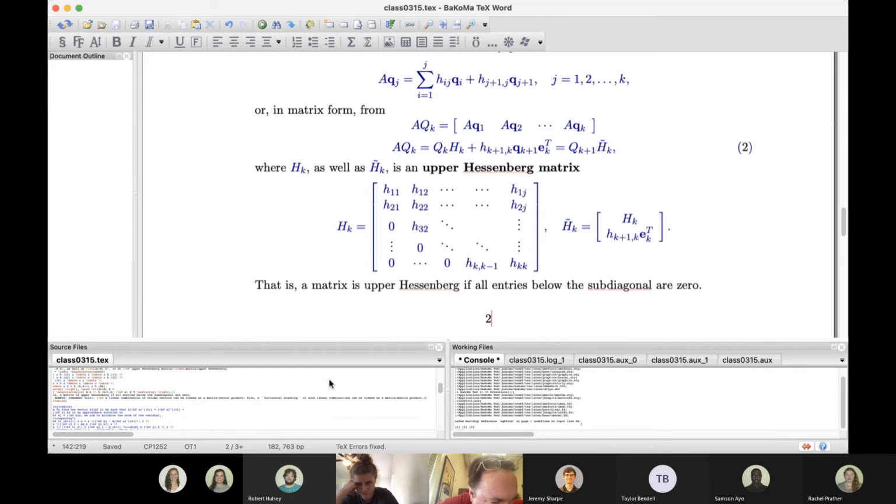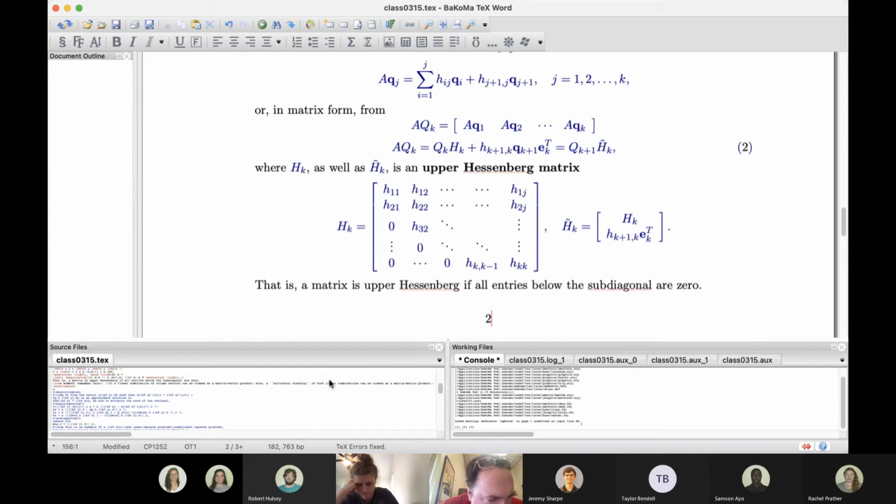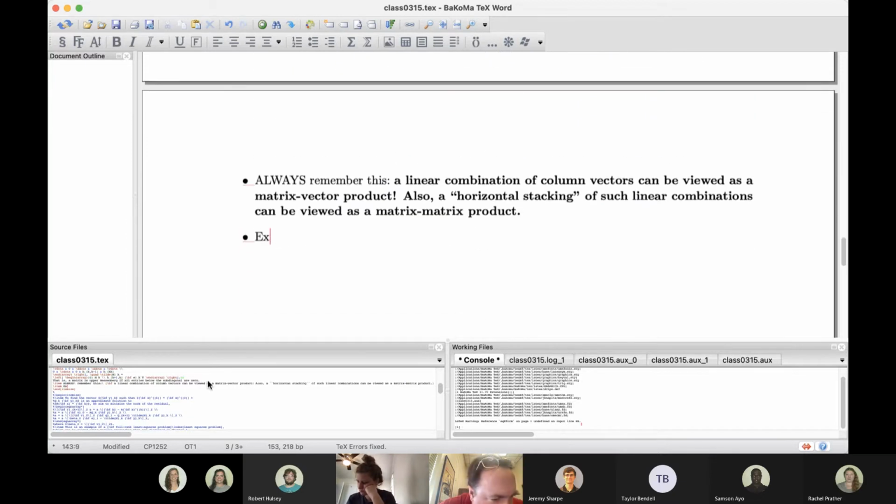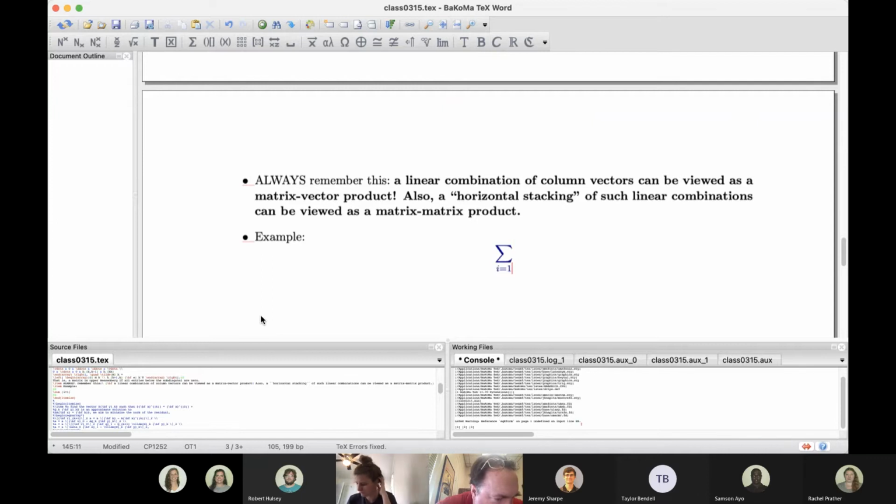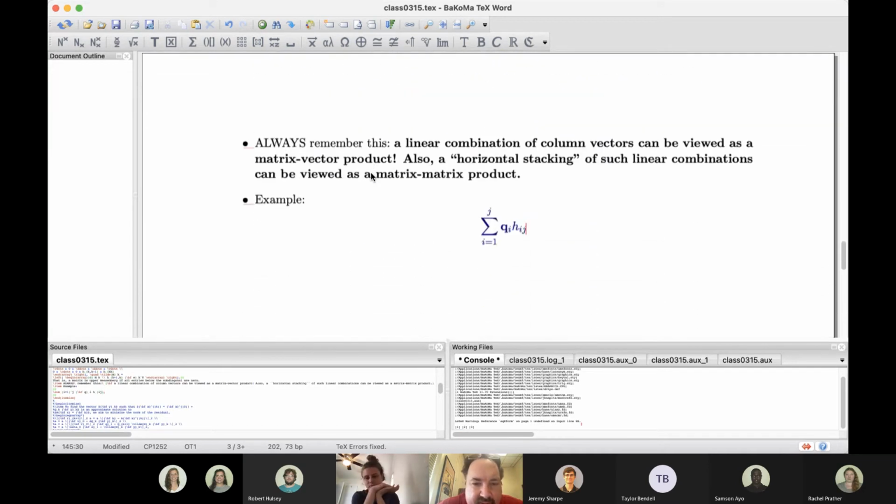I'll show what I mean with a simple example. If I take the sum I had earlier, the sum from i equals 1 to j of qi hij, I get to pick specific values of j.